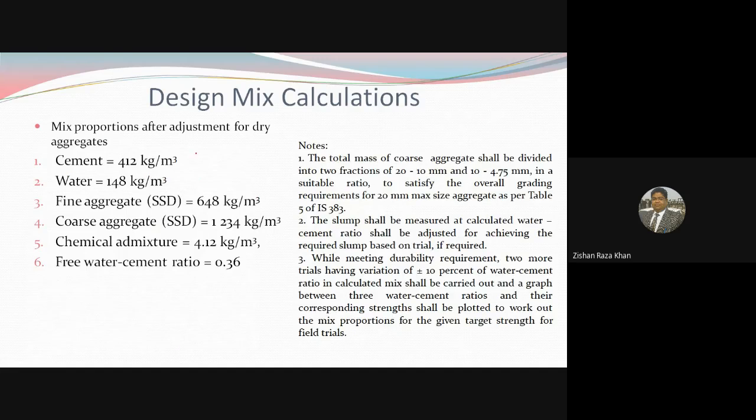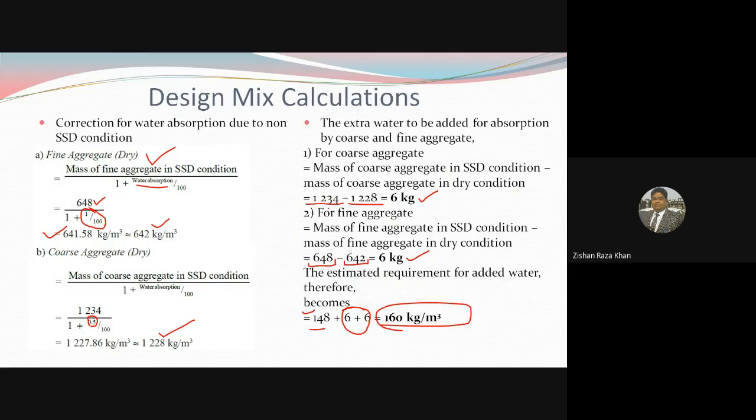Now the adjusted water cement ratio is cement 412, water 160 kg per meter cube, fine aggregate, ये गलत लिख गए, क्या था, 642, 1228.